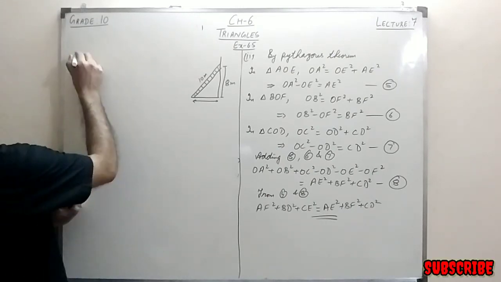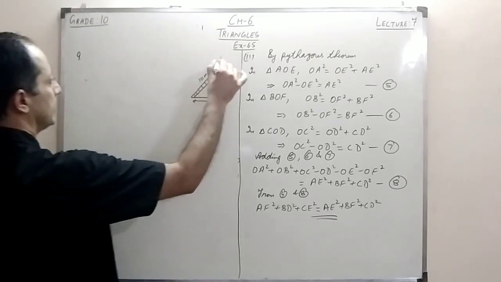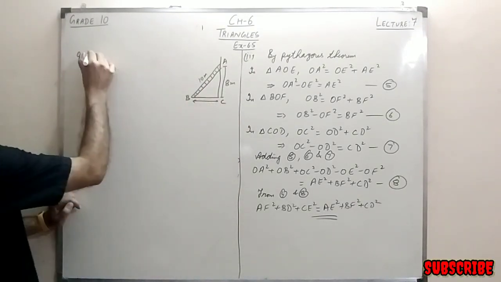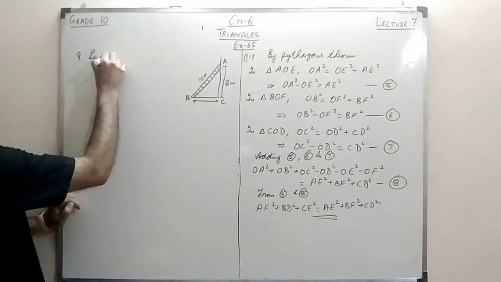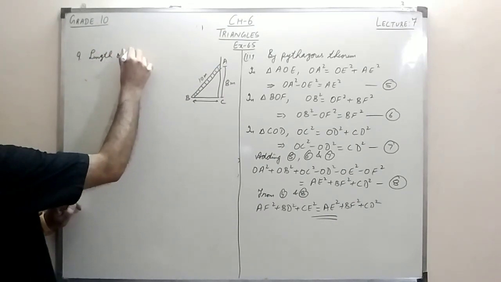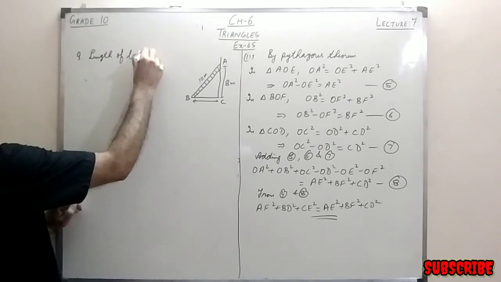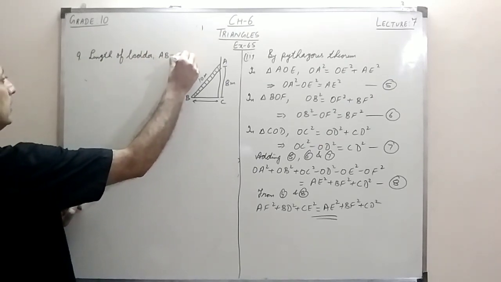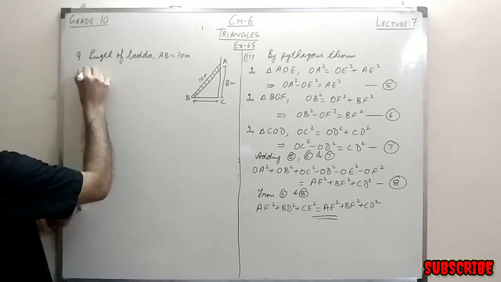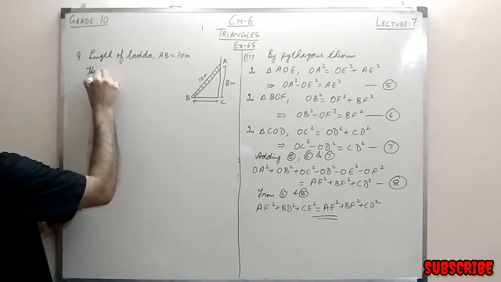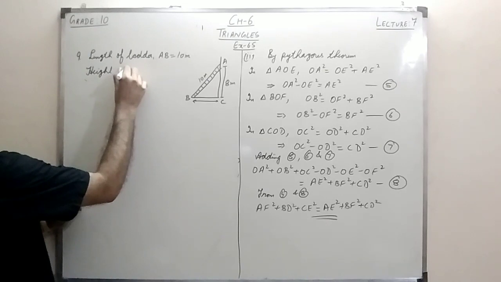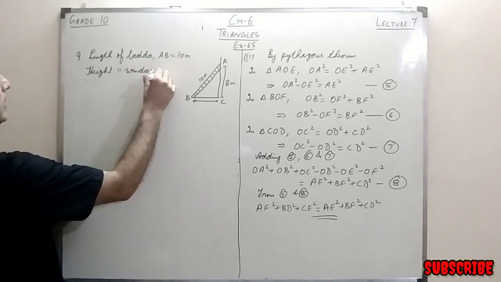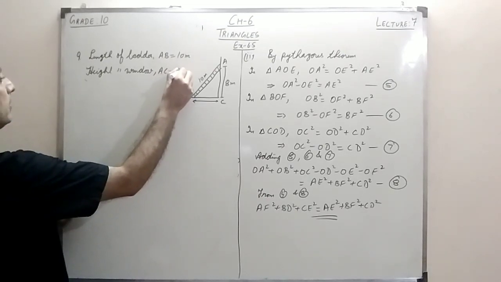Quite simple. Let's name the triangle, I write A, B, C. So I write length of ladder AB equals 10 meter. And height of the window, that is AC, is equal to 8 meter.